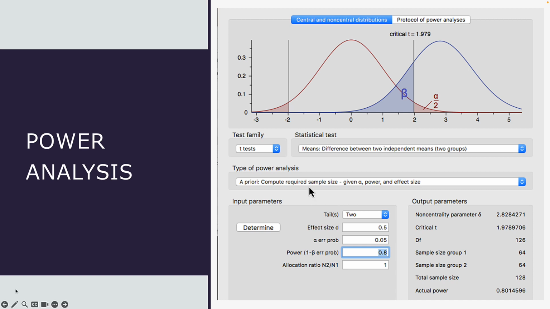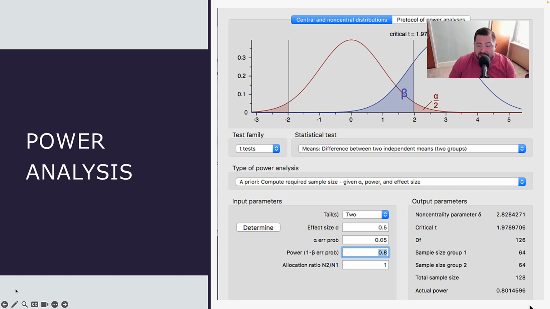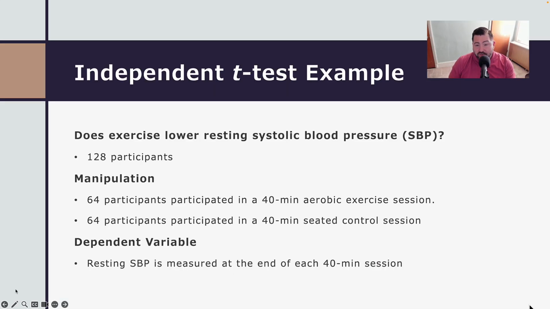We're still going to keep our type of power analysis as a priori, two-tailed test, 0.05 and 80%. Everything else stays the same, and you click calculate, and you should see that the total sample you need for this kind of research study would be 128 people who are randomized evenly, 64 of which to the experimental group, or aerobic exercise in this case, and 64 to the control group.